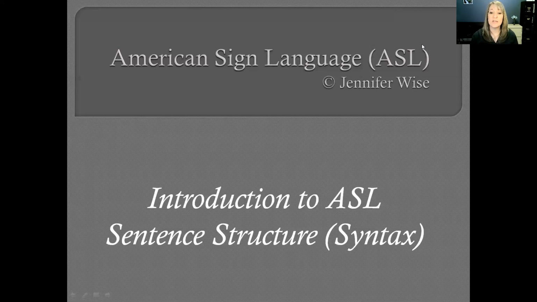Still, we are going to have some beginning information about the most basic ASL sentence structure so that we can practice using that.